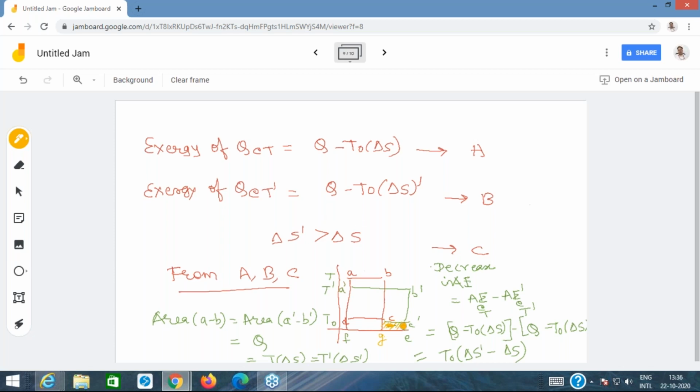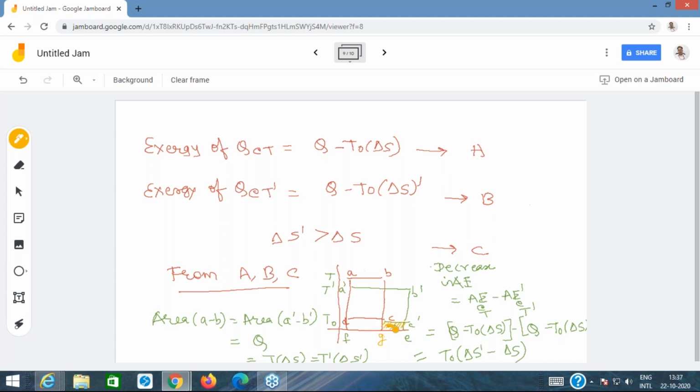Okay, the area C dash EG represents an increase in unavailable energy, or the corresponding decrease in available energy, because of the irreversible heat transfer.